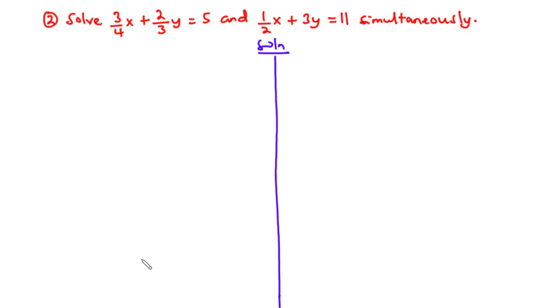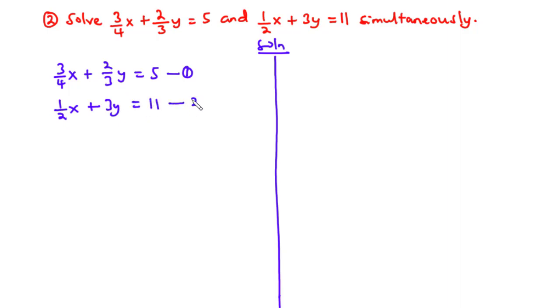However, for this question, I'm going to use the method of substitution. So we have the first equation to be 3 over 4 x plus 2 over 3 y equals 5. This is equation 1. And then we have 1 over 2 x plus 3y equals 11. This is equation 2.